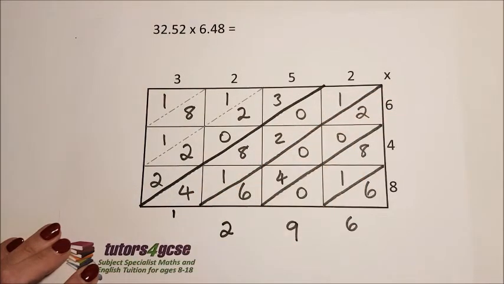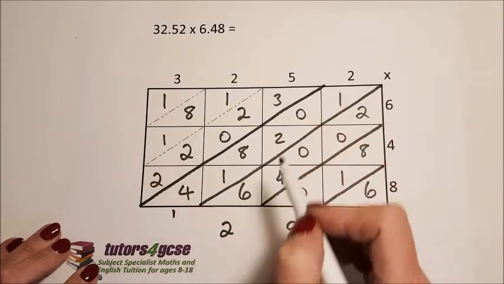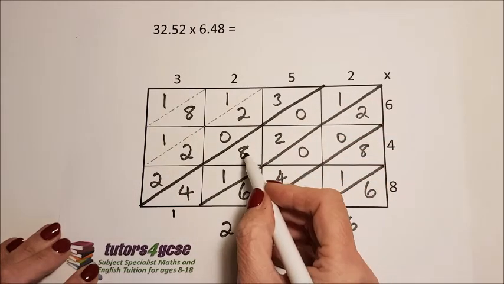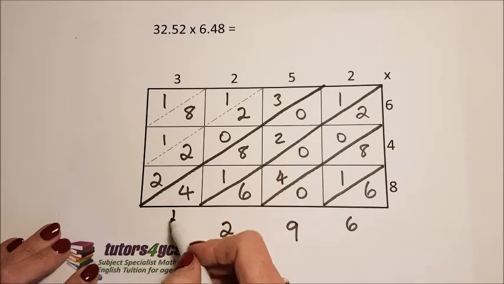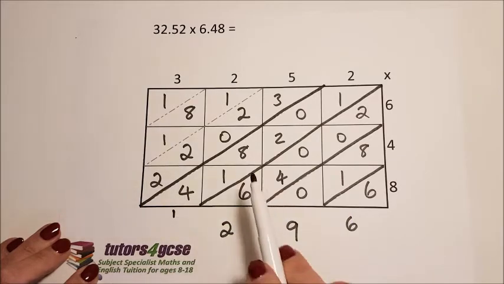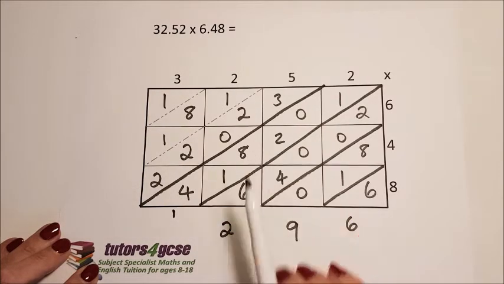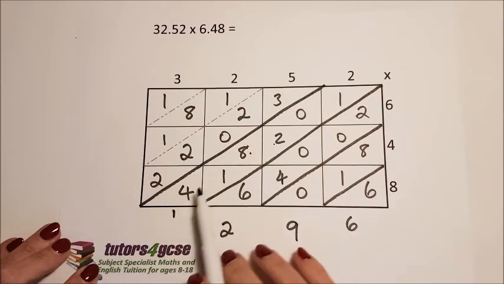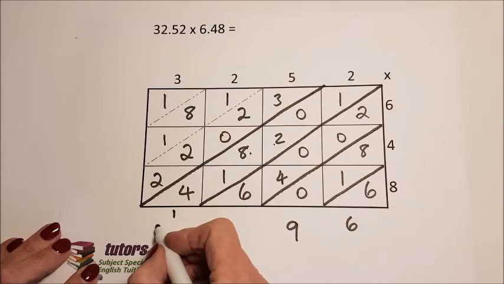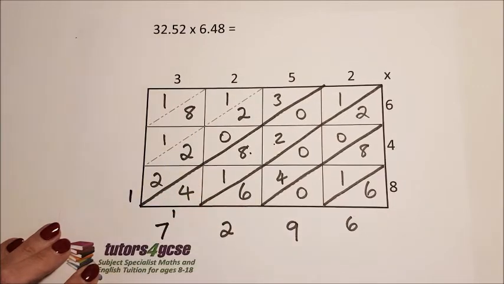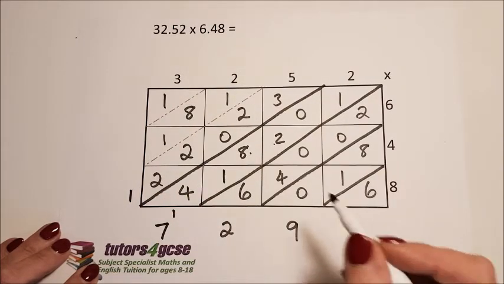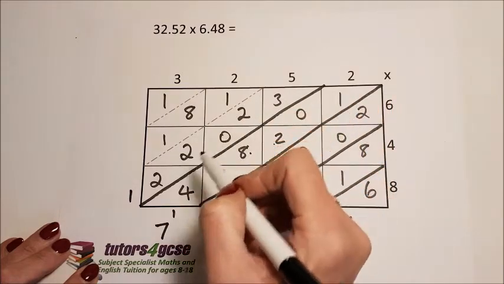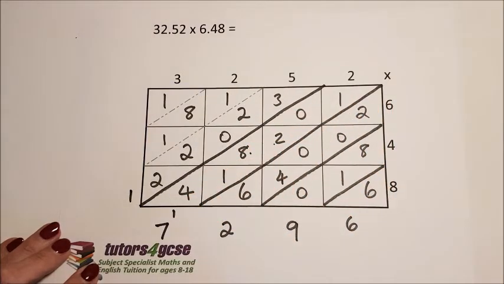The next diagonal lines then, we have 1, 0, 2, 8, 1, 4 and the 1 we carried. So if we add the 8 and the 2 together first, they make 10, 14, 15, 16 and that one is 17. 7 down, carry the 1. We then have 3, 2, 0, 2, 2 and the 1 we carried.